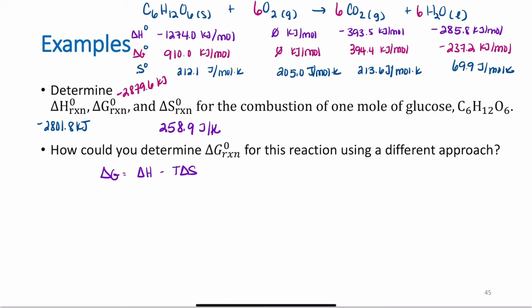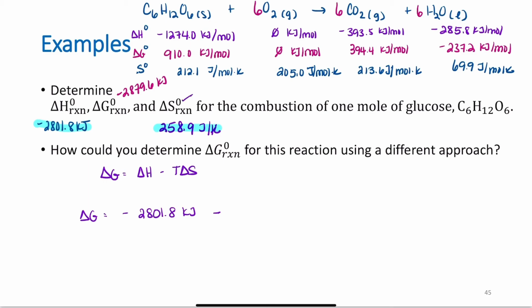So, for delta S, I can actually use the delta H and delta S values I calculated previously to calculate delta G. So delta G is equal to negative 2,801.8 kilojoules minus the temperature. What temperature do I use?